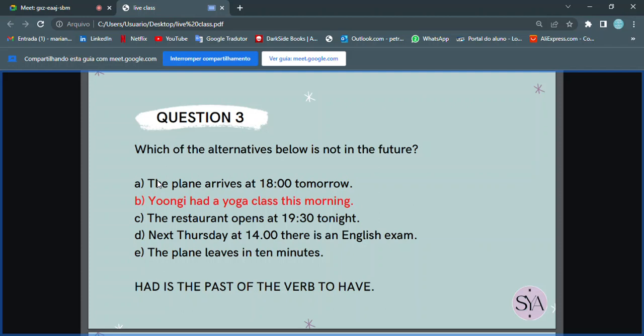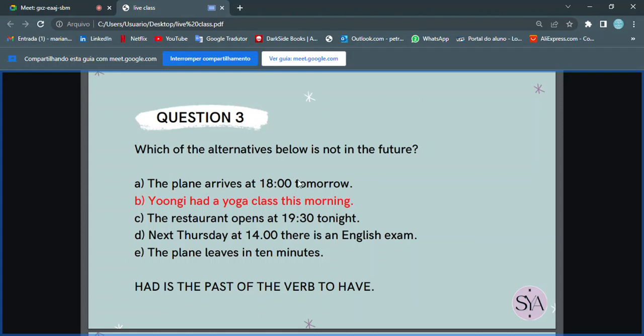And if we read all the other sentences, like the plane arrives at 18 tomorrow. So we see that the verb tense is present, right? But we learned that the present can also be used for the future based on the way that the sentence is structured.